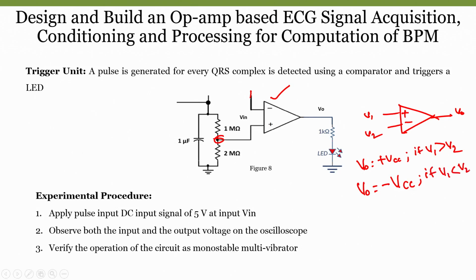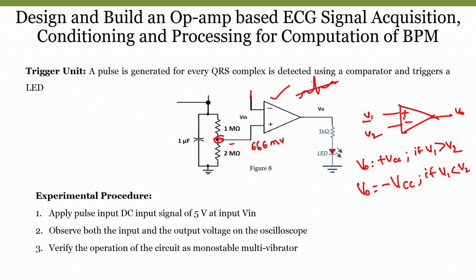Now, in this case, V1 is nothing but our threshold. The positive terminal is connected to V1, that means the threshold value is 666 millivolt. And our V2 is nothing but the input signal, the positive PQRS wave, only this particular part.